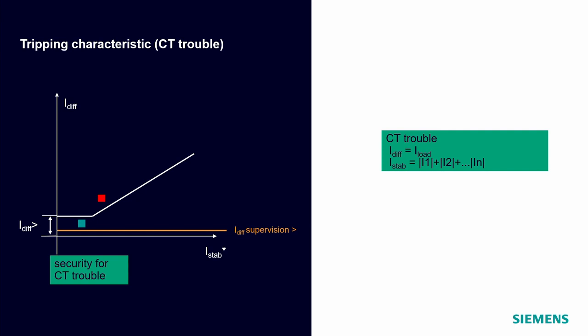Because if you lose one CT, you should be for sure above the differential current threshold. And via this differential current threshold, you can block your busbar protection system in order not to risk a wrong trip of the busbar, because then in parallel you will have an external fault.